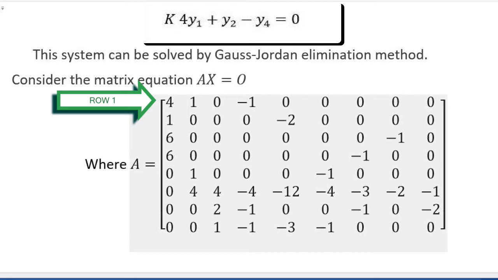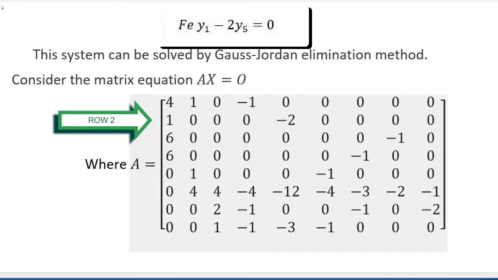For 4y sub 1, which is 4 atoms, we put it in the first column. For y sub 2, which is 1 atom, we put it in the second column. For negative y sub 4, which is negative 1, we put it in the fourth column, and the rest are 0.